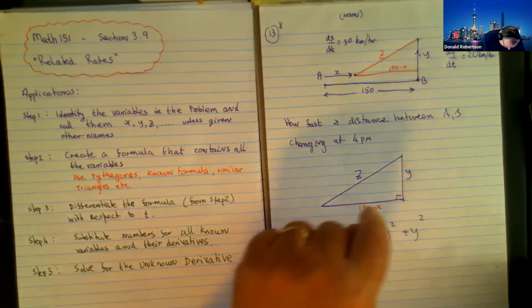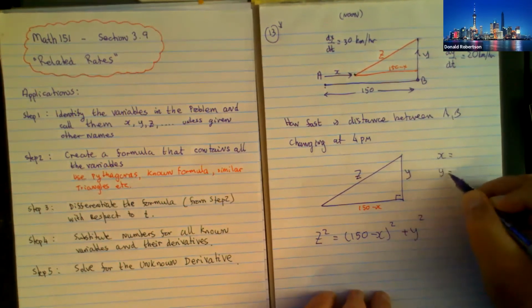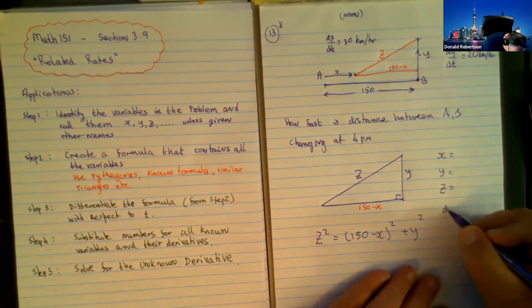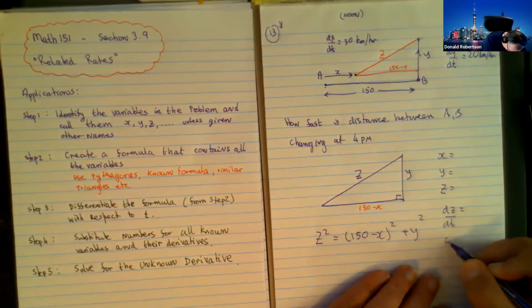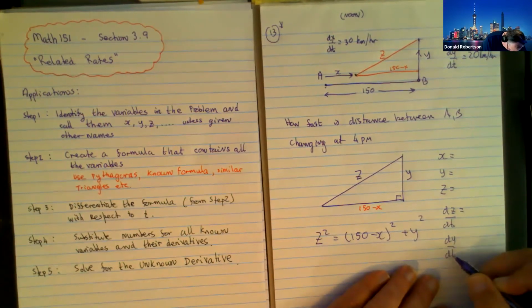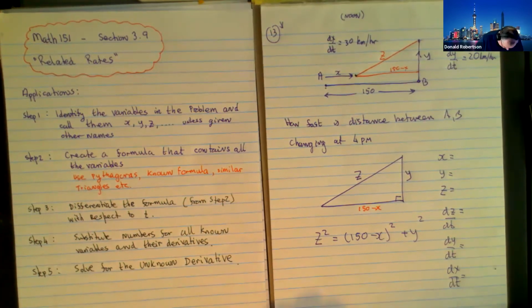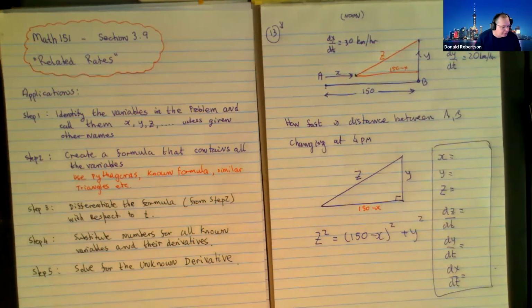Now, since I have three variables, I know I'm going to have to find out what those are equal to. I'm also going to have to find out what these three derivatives are equal to, and one of them is going to be missing, and that's going to be the one that we need to find. So that's quite a shopping list, isn't it? Things I need to find.